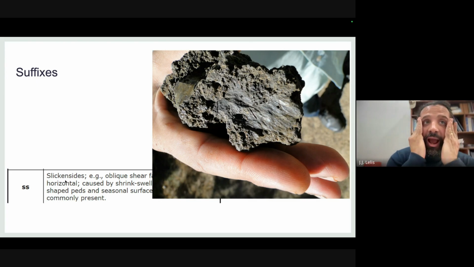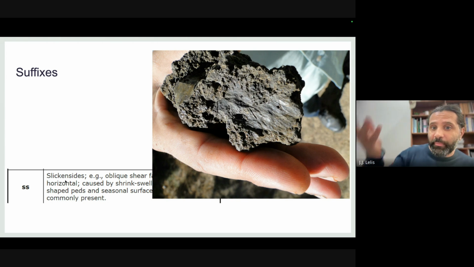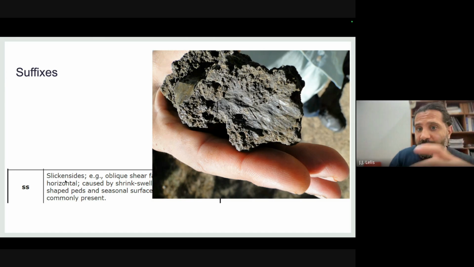Oh, JJ, how can I know that this specific soil is formed by clay migration or by friction? Yes, you need to check the texture of the material. You need to check the texture of the above horizons and that horizon with shiny faces. Of course, not only this, but also microscope analysis and some lab analysis can help you to identify and distinguish between them.